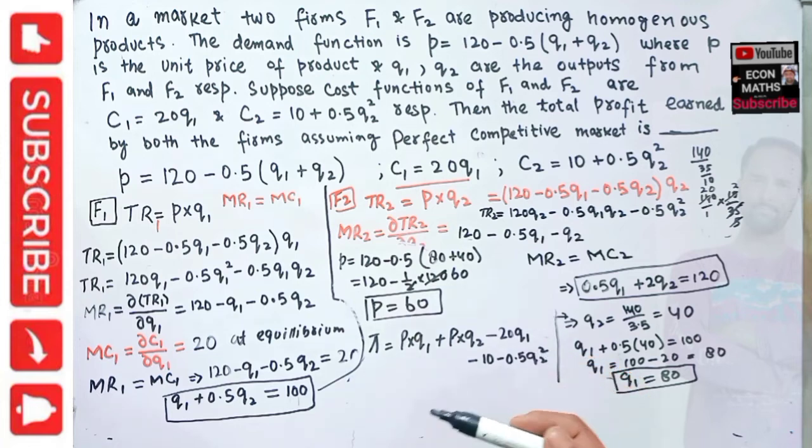When we subtract the total costs of firms 1 and 2 from their total revenue, we get the aggregate total profit.